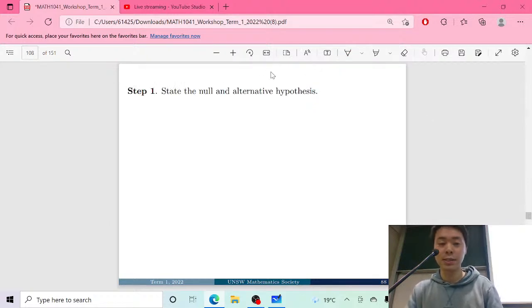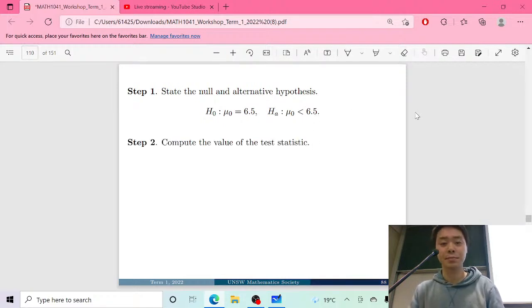So the first step is to state the null and alternative hypothesis. That's what we did here. We said that the null hypothesis was that the pH was equal to 6.5, and the alternative hypothesis was that the pH was less than 6.5. The second step is to compute the value of your test statistic.